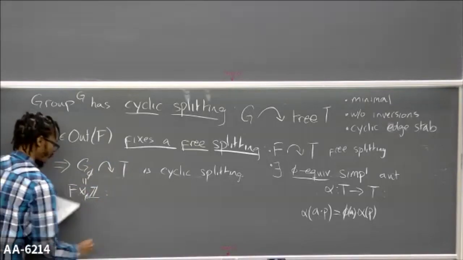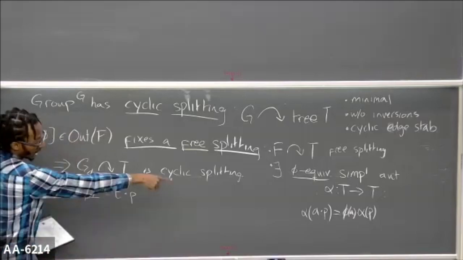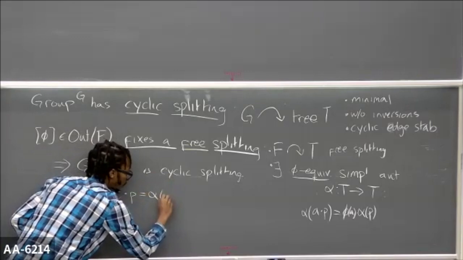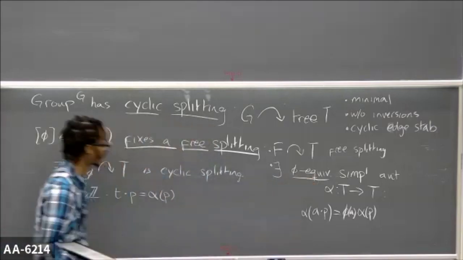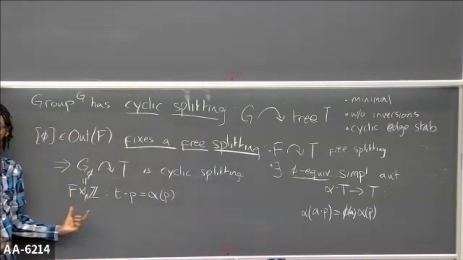And I want T to act on a point P by that automorphism that is phi equivariant. And this equivariant relation is exactly the relation you want to check that this is an action of the semi-direct product.